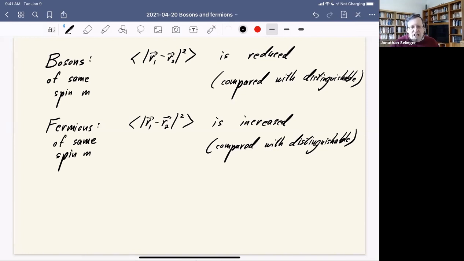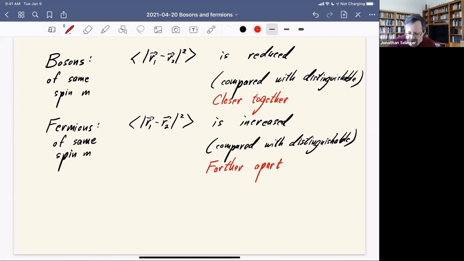That it actually affects stuff that we can calculate, and it affects stuff that people can observe, okay? It means that bosons are closer together compared with distinguishable particles. And fermions tend to be farther apart compared with distinguishable particles.